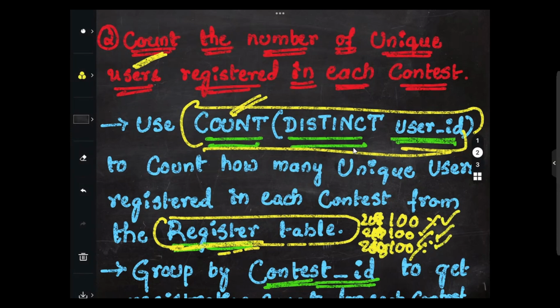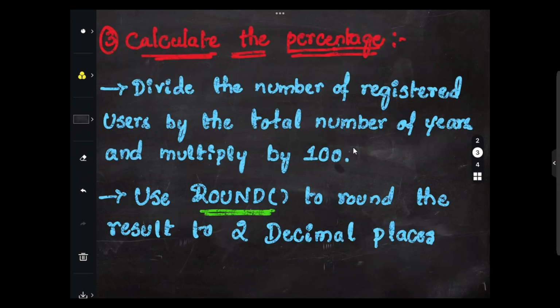In this case, we will sort this in ascending order: 208 comes first, then 209, then 210. Sort the contest ID in the ascending order if the value is the same. So we will group by contest ID to get the registration count for each contest. This is very important, the second step.